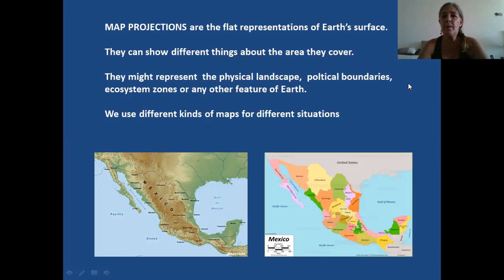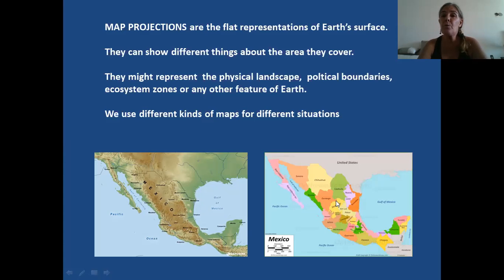In these examples that we have over here, on the left-hand side, we have a map of Mexico that is showing the physical features. It's showing the mountain ranges, the plains, it's showing rivers, and it's showing the ocean coastline that we have here in Mexico.